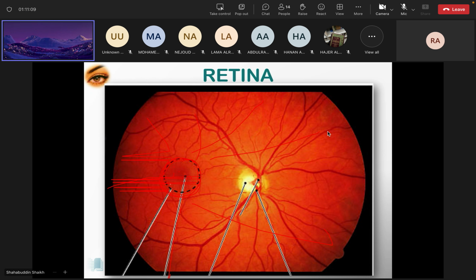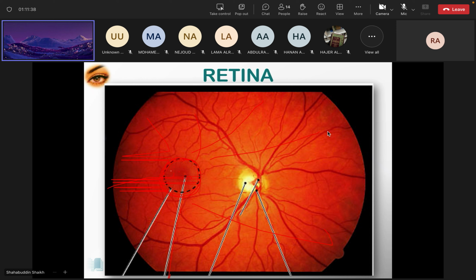So this whole area is called the macula. What is this area called? Macula. Have you heard of a disease called macular degeneration? This is a genetic disease, more common in Western countries. Now remember, the maximum receptors are here in the macula.